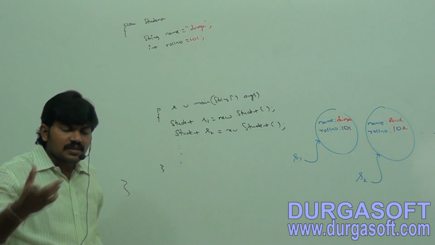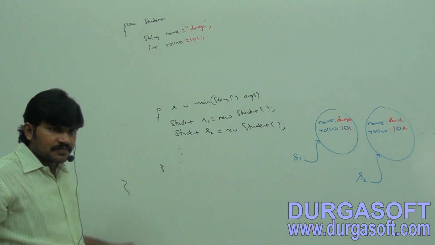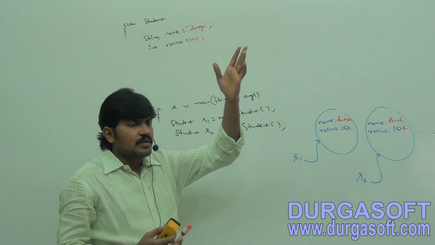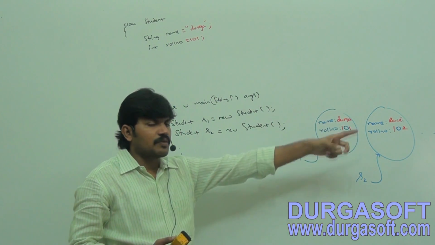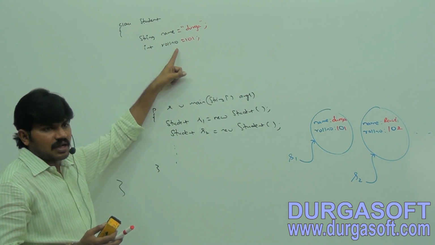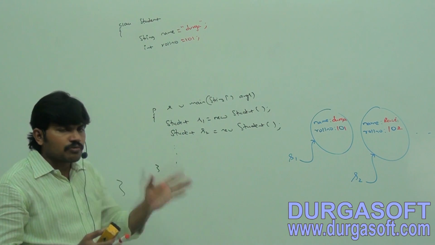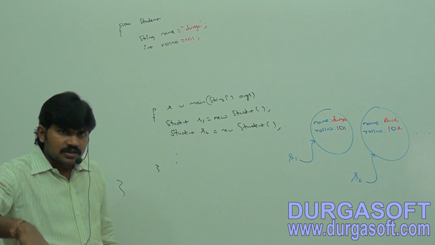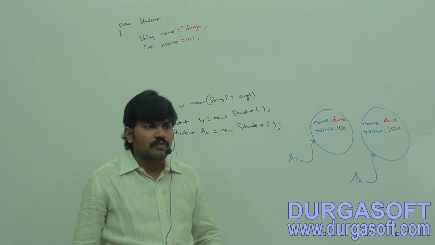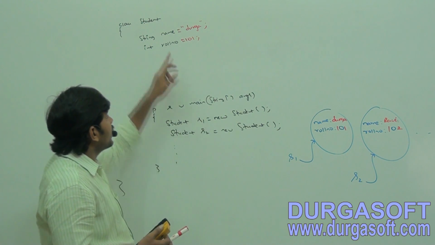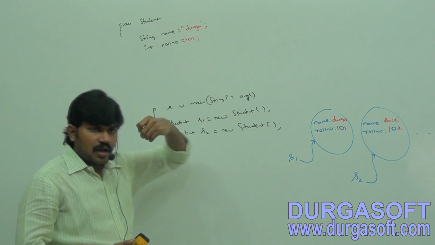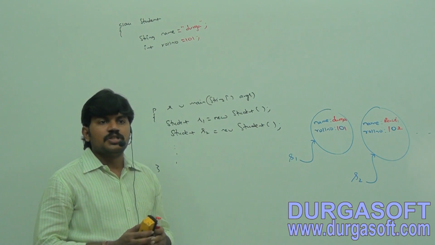Can you tell, is it recommended or not recommended? Not recommended. What is the problem here, have you observed? All students get the same name Durga and 101, because for every object these variables are common. Otherwise they would have the same name null and roll number 0; here all students have the same name Durga, roll number 101, which is meaningless.